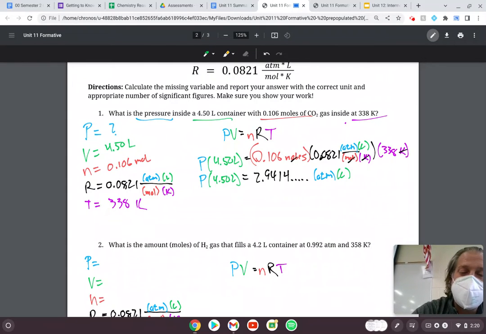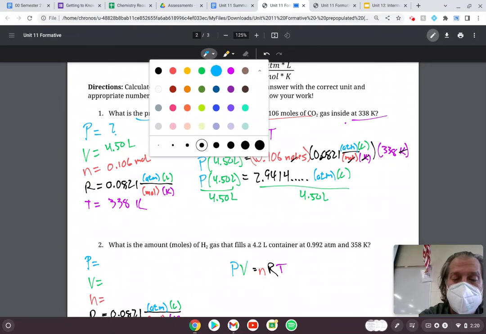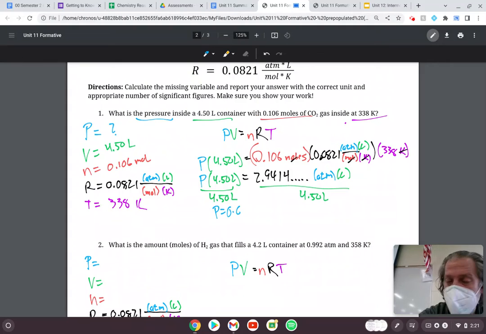We're going to divide both sides by 4.50 liters, and that'll cancel out liters on both sides. So I'll do that mathematically, and the calculator gives me a pressure of 0.65366619 and so on.